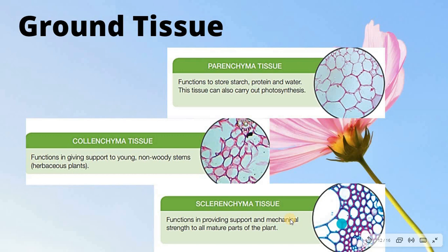It functions in providing support and mechanical strength to all major parts of the plant. Because the cell walls consist of lignin, it makes the cell a little bit rigid, menjadi keras. So it will provide support and mechanical strength. Okay, that is the ground tissue.